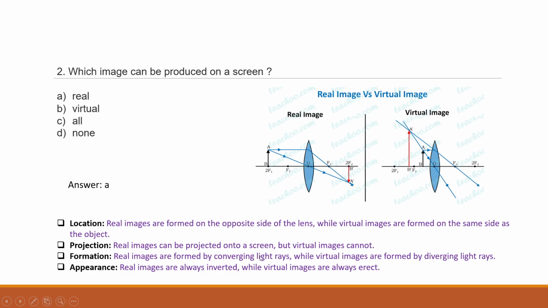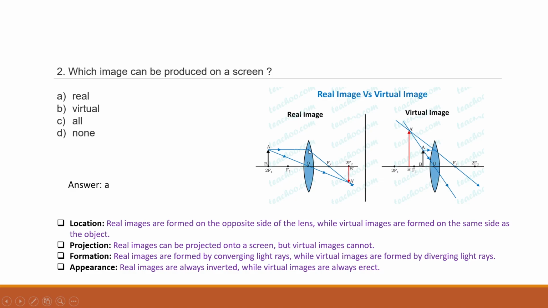The virtual images are formed by diverging light rays. Here your lens is here, your object is here. This is how the light is passing. So your image is formed by diverging rays. You should see from the lens how the light is passing.